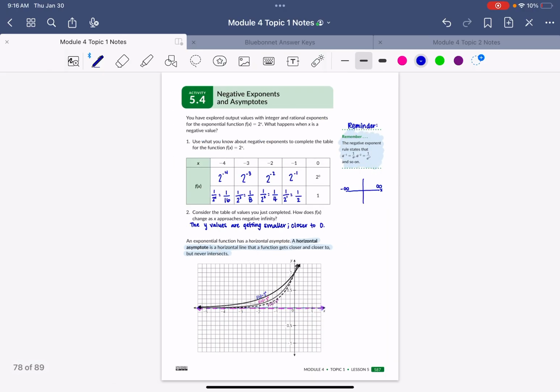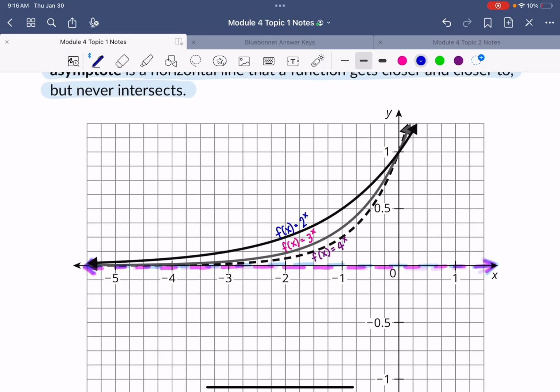What else do we notice? I see that's the 4 to the x power. This one approaches the horizontal asymptote a lot faster, right? 3 to the x kind of approaches it also pretty quickly. 2 to the x, not really, right? So 4 to the x is approaching it a lot faster. It's getting closer to the line a lot faster than the others.